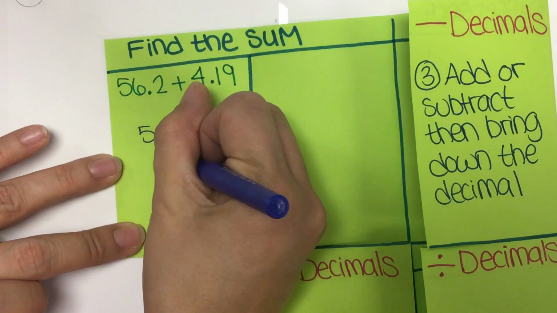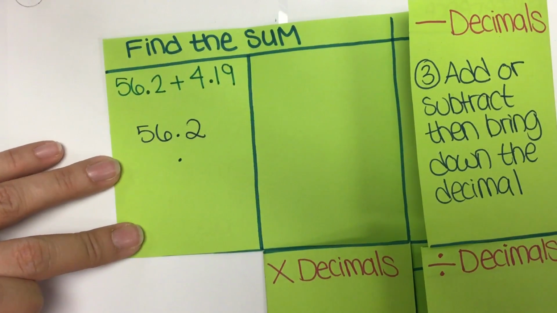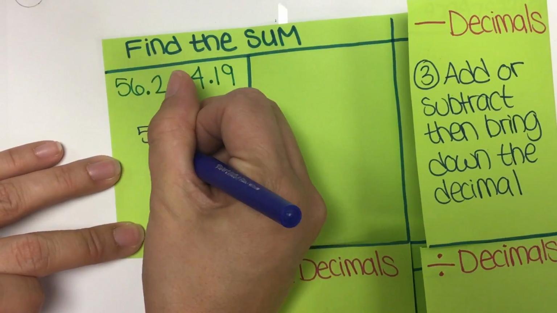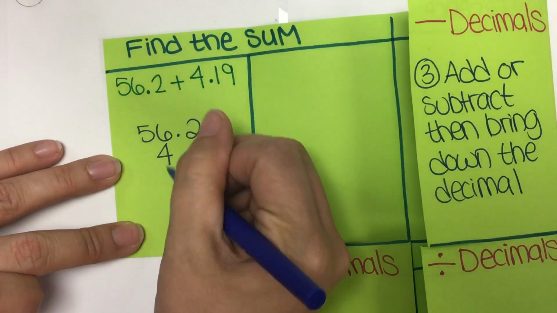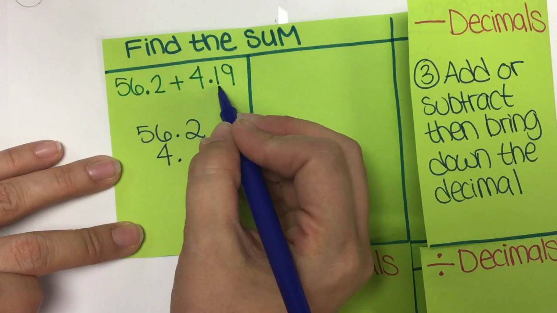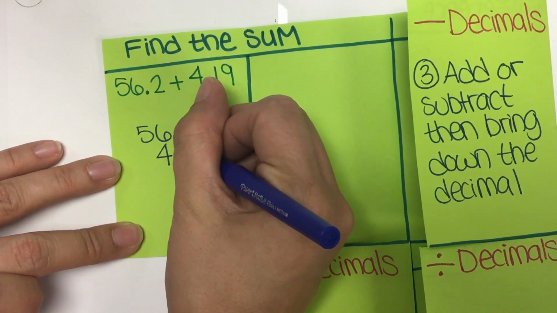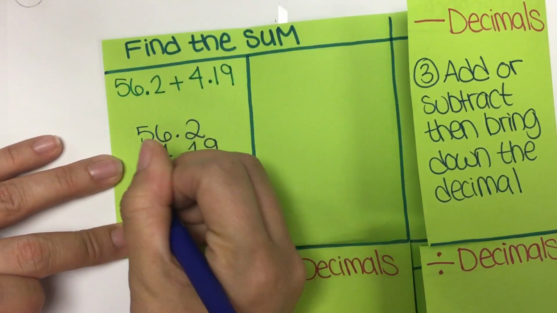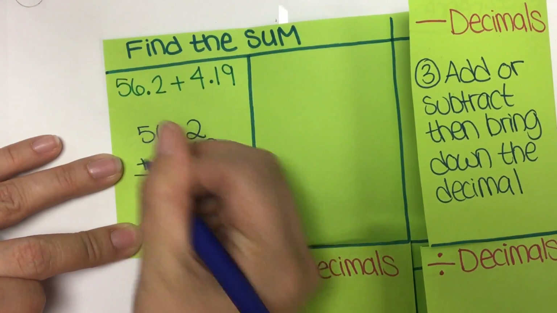But now I need to make sure that decimal's lined up. I usually start by just putting that decimal there. And then this 4 is in the ones place and 6 is in the ones place, so they should be in the same place value. This 1 is in the 10th place, this 2 is in the 10th place, so those should be lined up, and then my 9 goes off to the side. And this will be my addition problem.